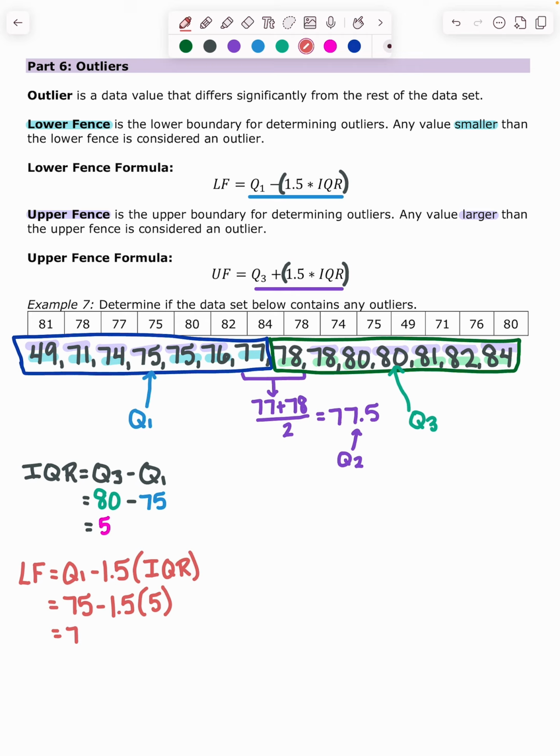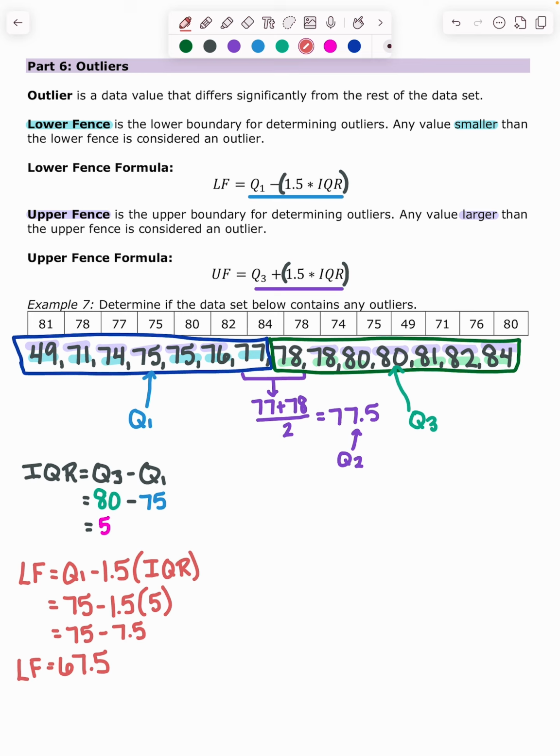Do the multiplication first: 75 minus 7.5. That is 1.5 times 5. I'm just going to double check that. Yep, 7.5. And then 75 minus 7.5 gives us a lower fence of 67.5.